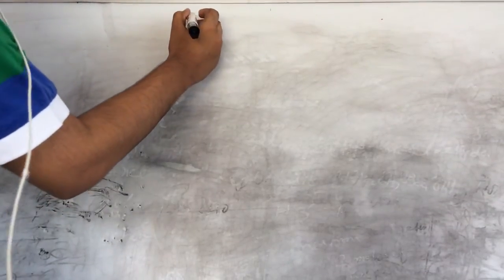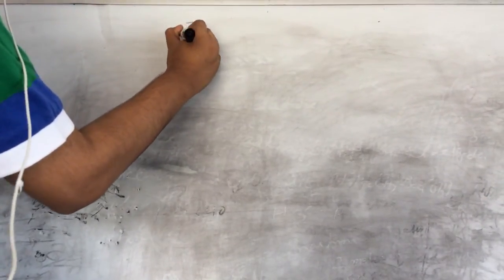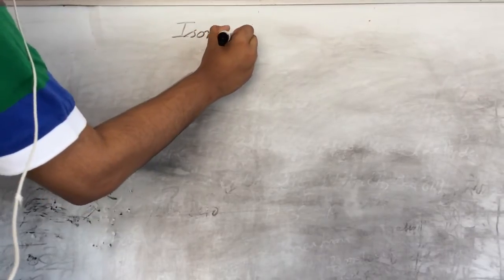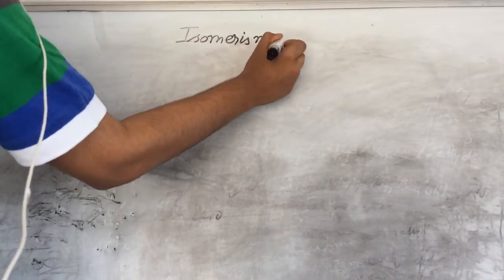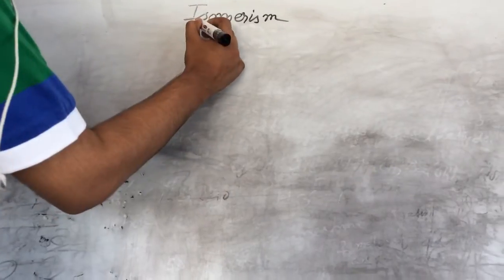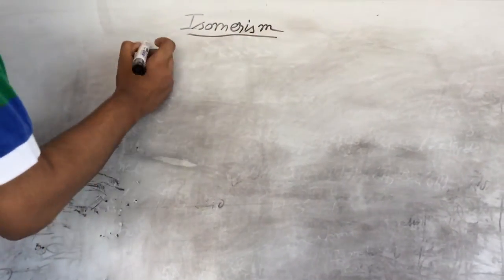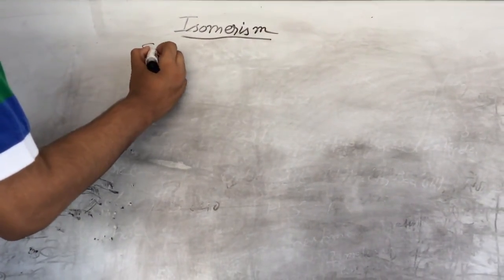So guys, we are going to start isomerism. Isomerism arises when two compounds having same molecular formula have different structural or spatial arrangements in space.